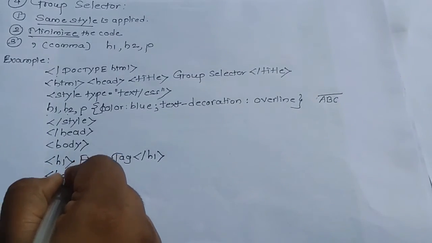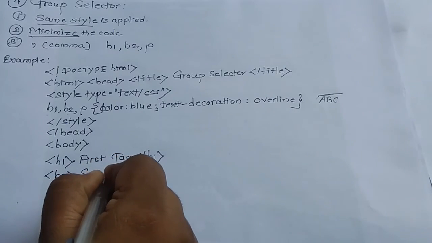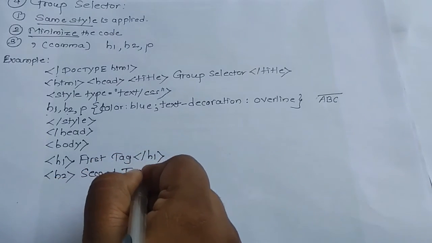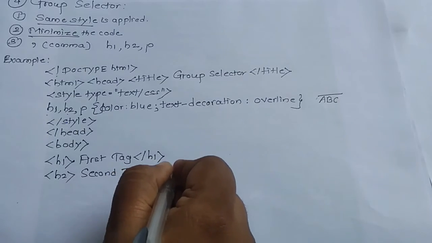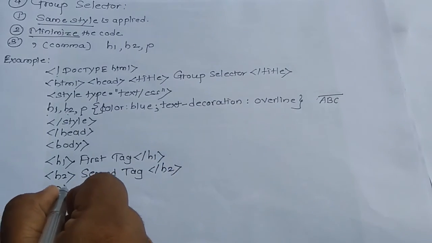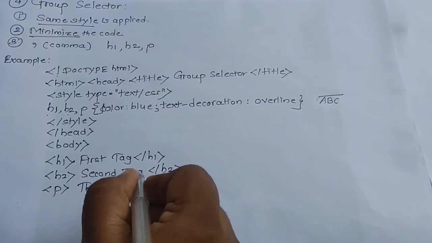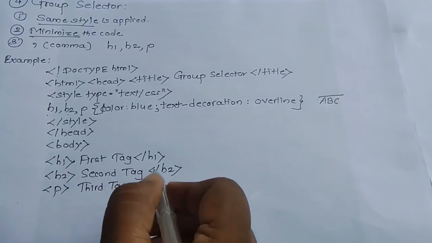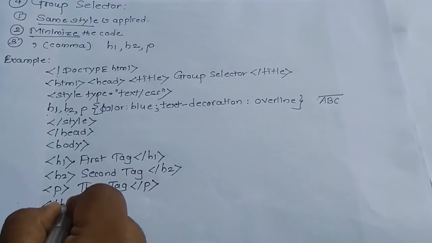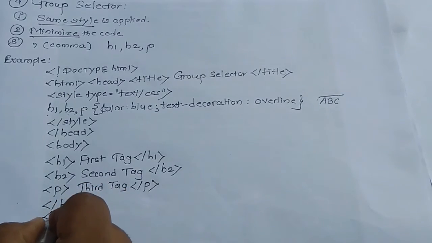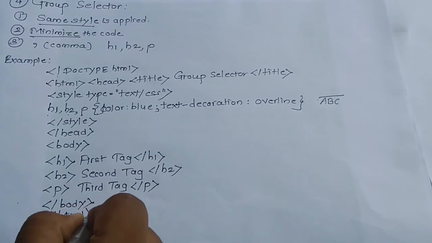For H2, I will write second tag and close it with slash H2. And for P, I will write the text third tag, close it with slash P, then slash body, and then slash HTML.